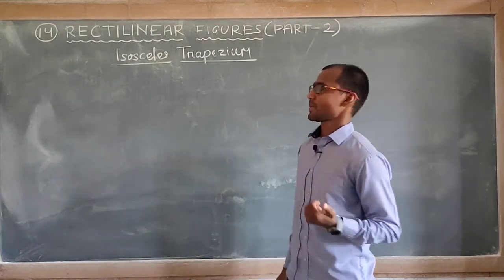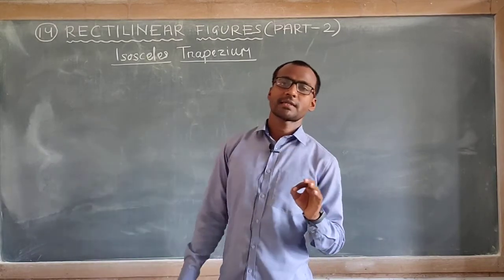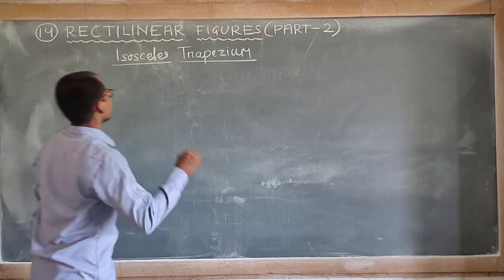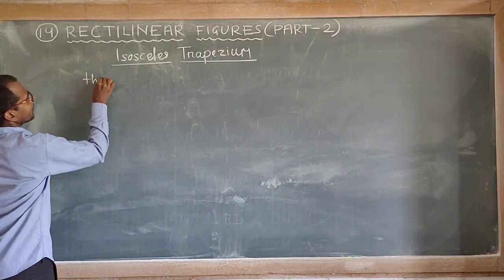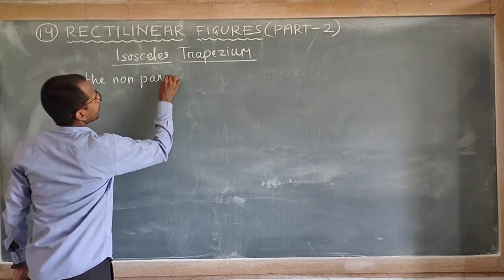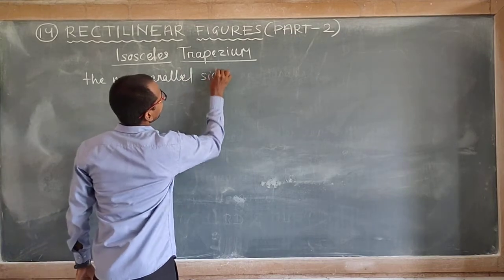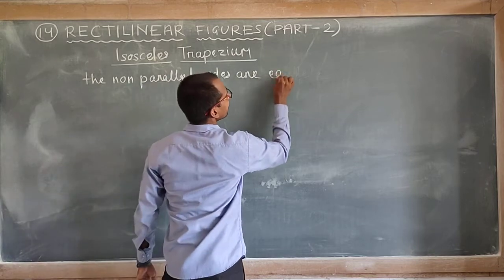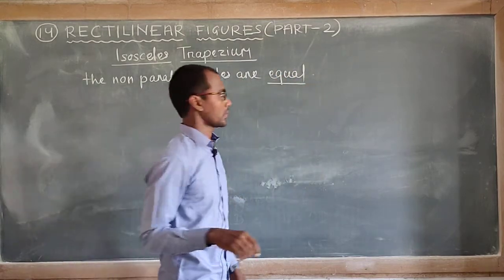An isosceles trapezium is a trapezium in which the non-parallel sides are equal. Okay, it is one extra property. In this trapezium, the non-parallel sides are equal. Remember this, okay?